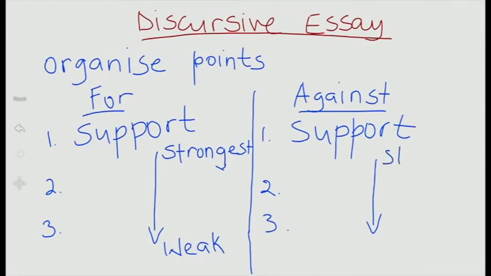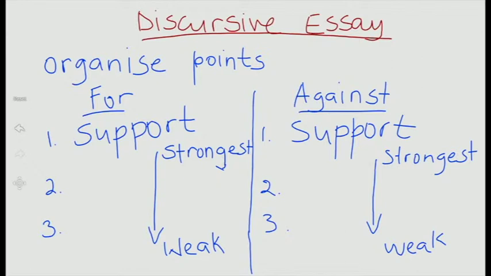So then that will mean you have to include those points just before the conclusion, which means that towards the end of the body of the letter. So this is what you're going to do. Even this side, you're going to employ the same thing. You'll have the strongest point here, and then here you're going to have the weak ones. Okay, so that is the organization of your points.